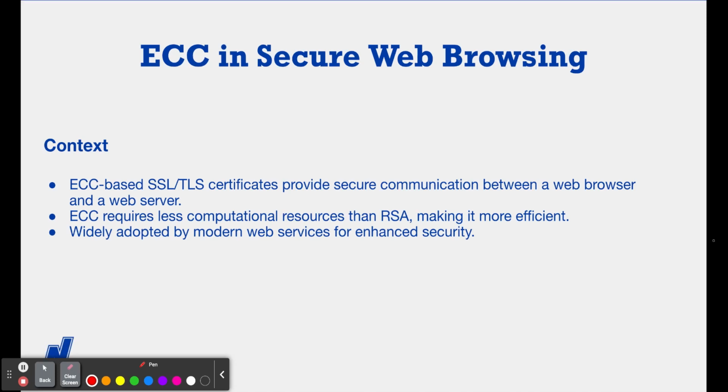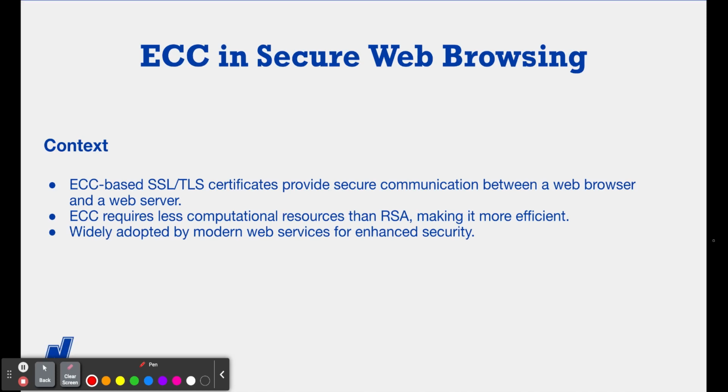Consider a website owner. Let's call him Bob. Bob would generate an ECC key pair and use the private key to create a certificate signing request for an SSL or TLS certificate.